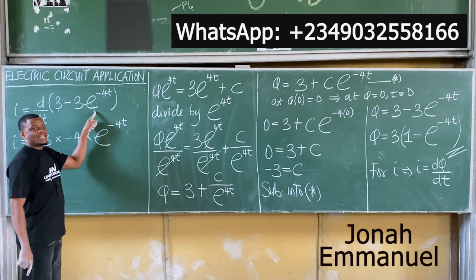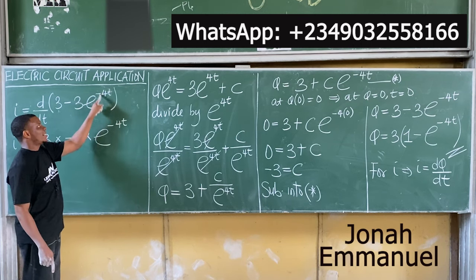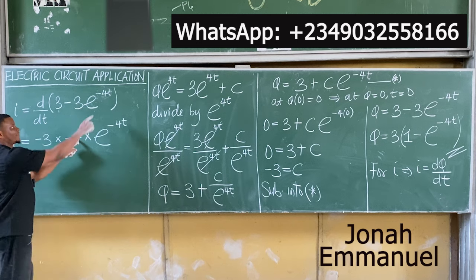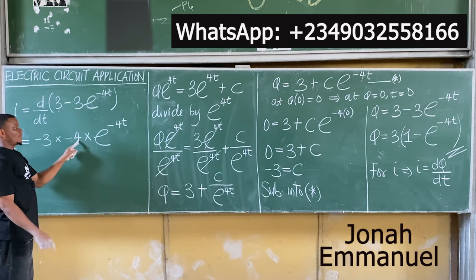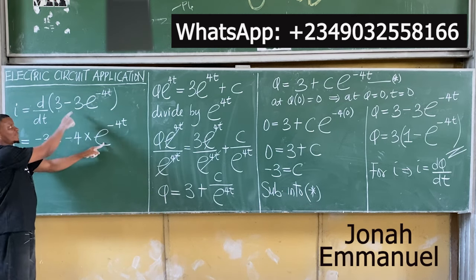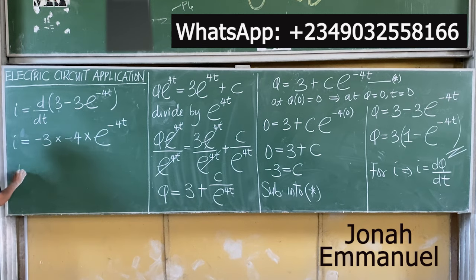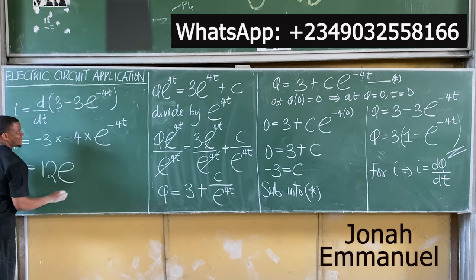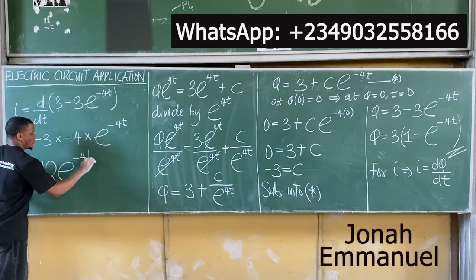But to differentiate, you differentiate the power and multiply. So differentiating minus 4t gives minus 4. Use minus 4 to multiply this, and of course your minus 3 here. So I is equal to minus times minus, plus 3 times 4, which is 12, exponential minus 4t.